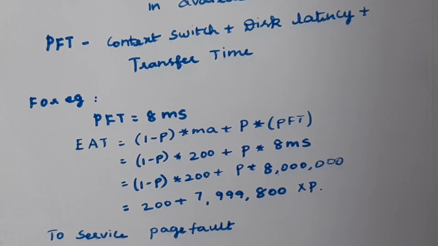So we want to keep the performance degradation to less than 10%. We need to keep the probability of page faults minimal, so that we get fewer page faults and it will not degrade the system performance. This is how we calculate the effective access time in the case of demand paging.